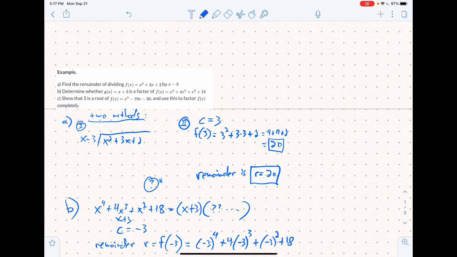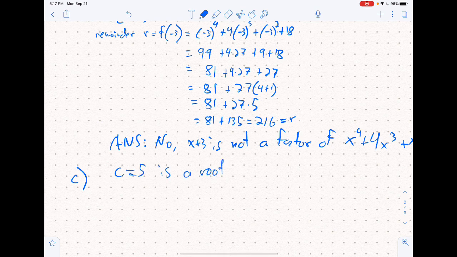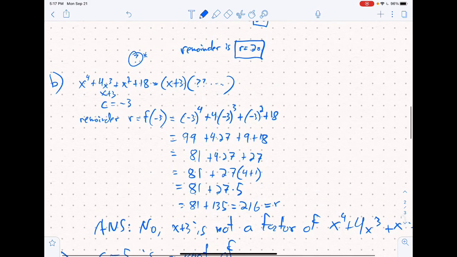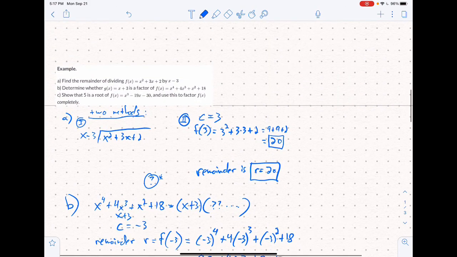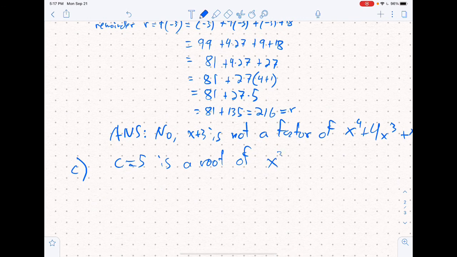Okay, so for part C, show that the number, let's call that root c, c equals 5 is a root of the polynomial x cubed minus 19x minus 30. And then factor this thing completely.